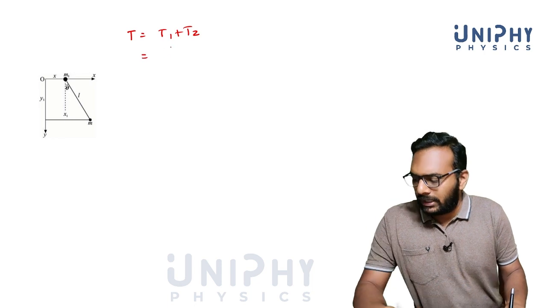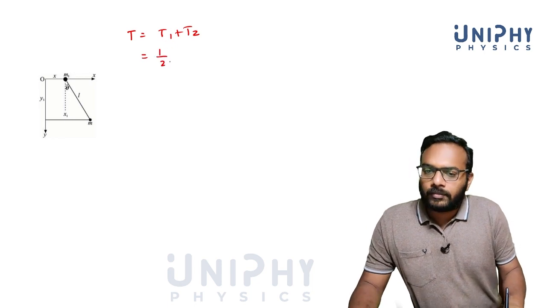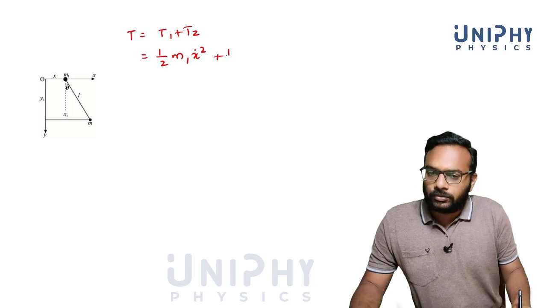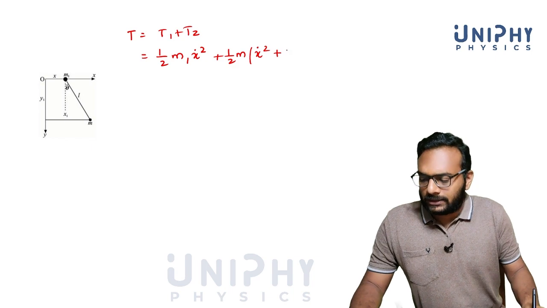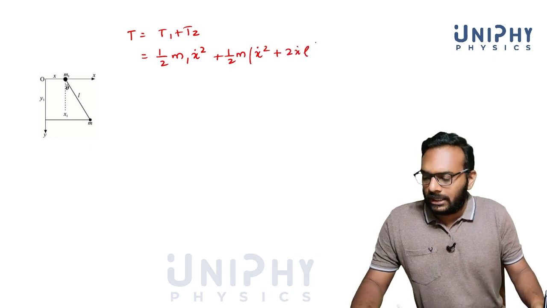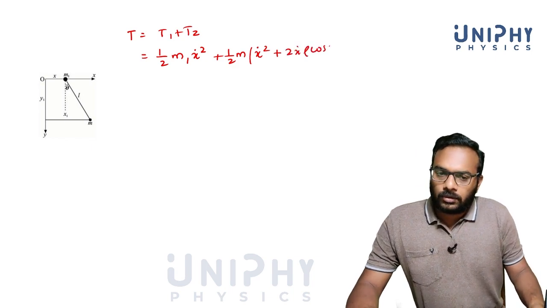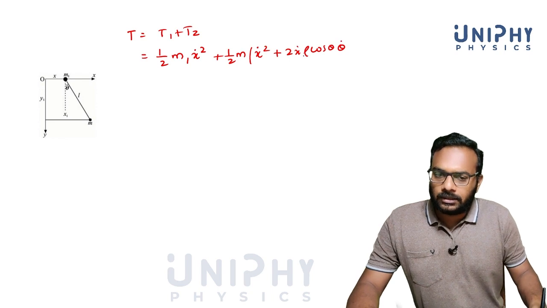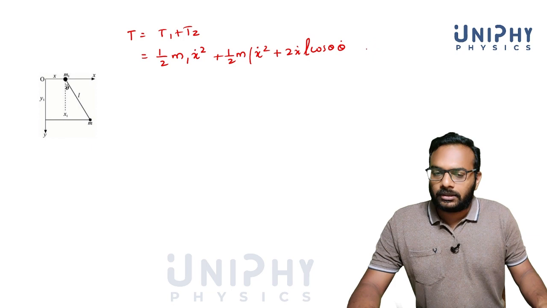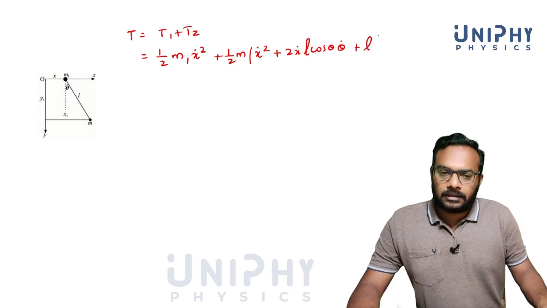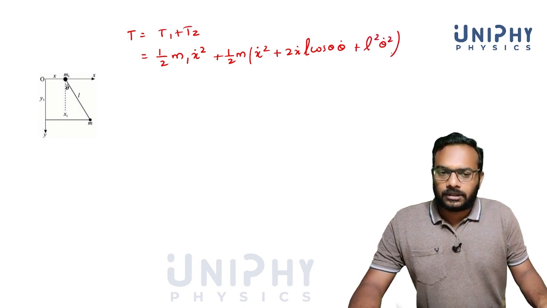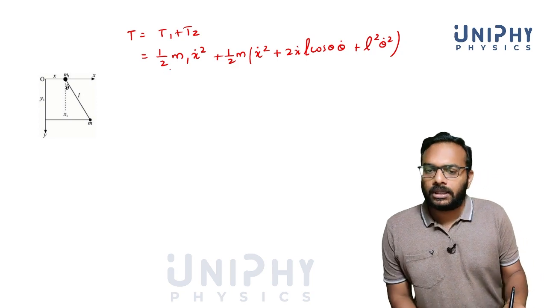For T1 we had half m1 x dot square, and for T2 we got half m, x dot square plus 2x dot L cos theta theta dot plus L square theta dot square. Okay, that's the kinetic energy.